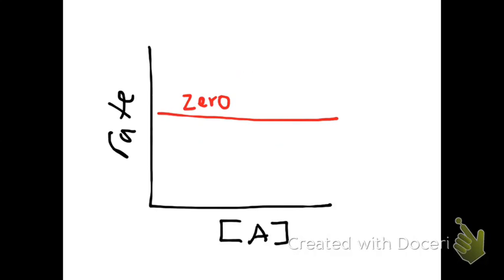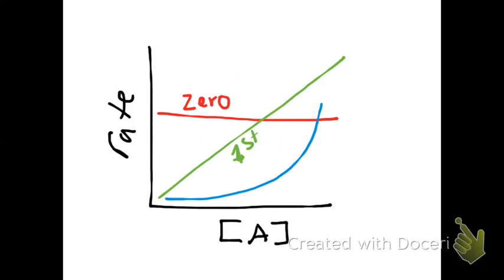For a first order, it would be this. First order. And for a second order, it's going to be that. Right? So there's what it looks like in summary of all this.